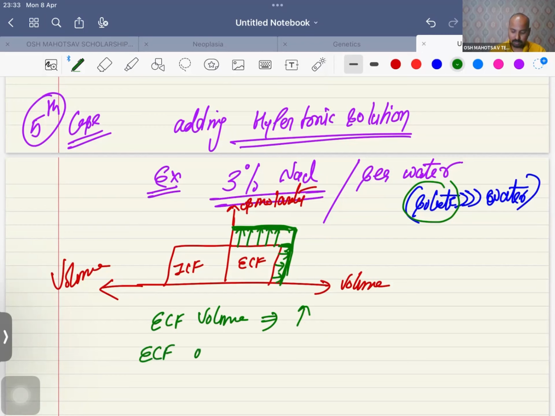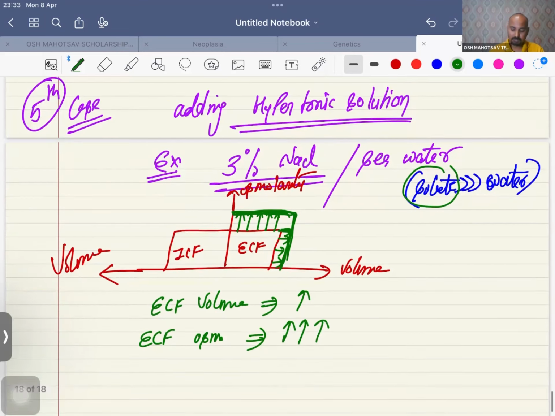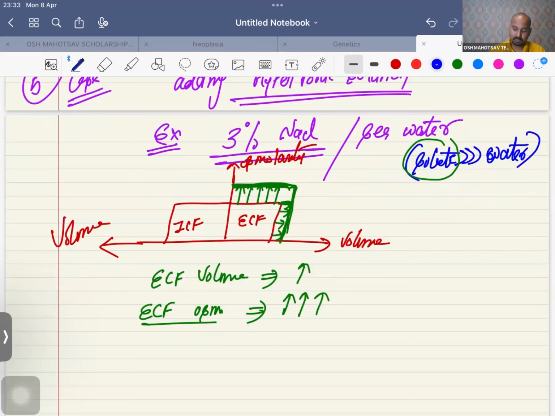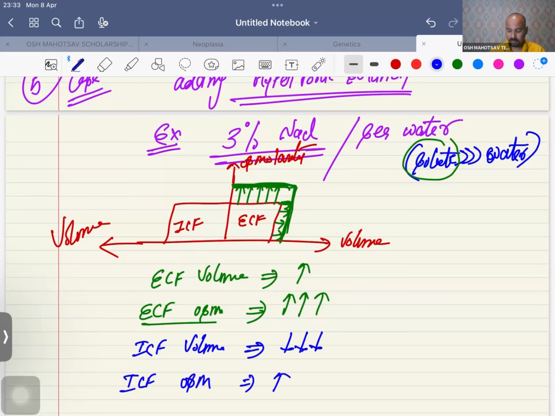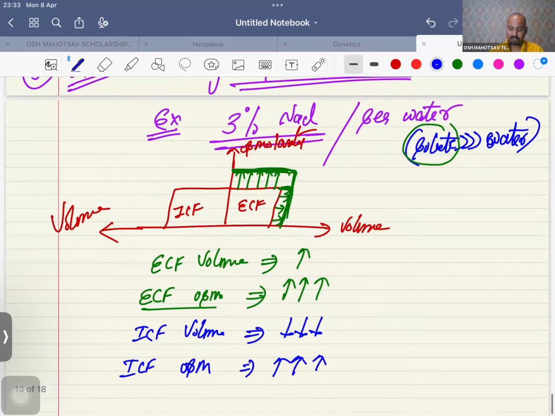And ECF osmolarity also increases. If ECF osmolarity increases, then ICF volume will decrease. If ICF volume decreases, then ICF osmolarity will increase until both osmolarities become the same.